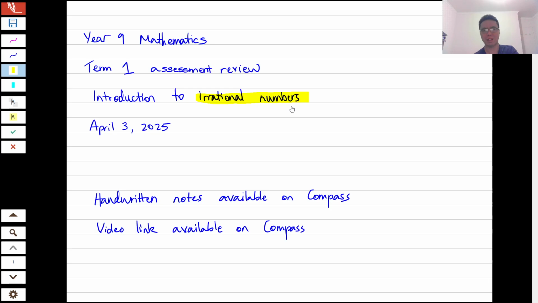However, I think it's really important that you have at least seen what an irrational number is, that you understand its significance, and that you get a sense of what numbers actually are and what they do. So without further ado, let's get underway.